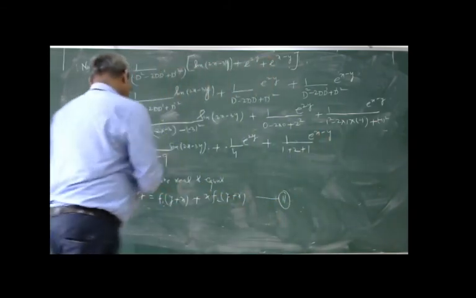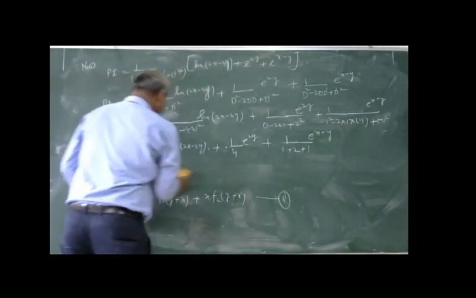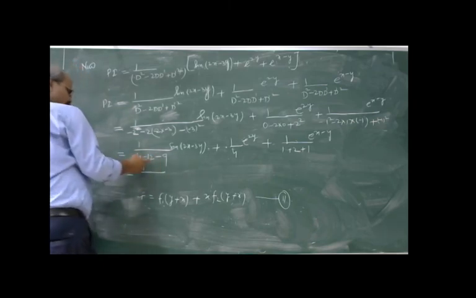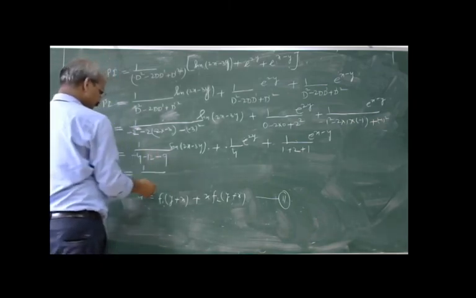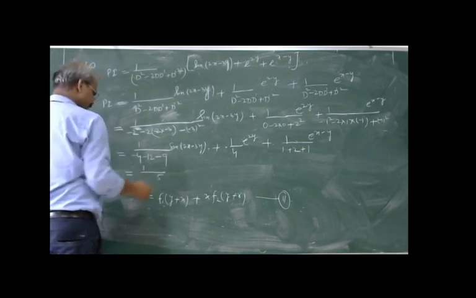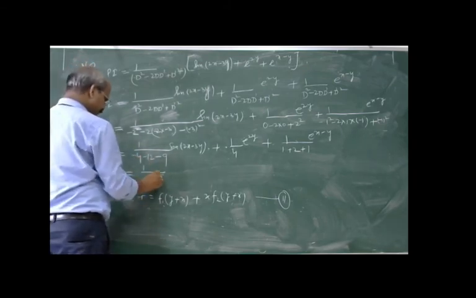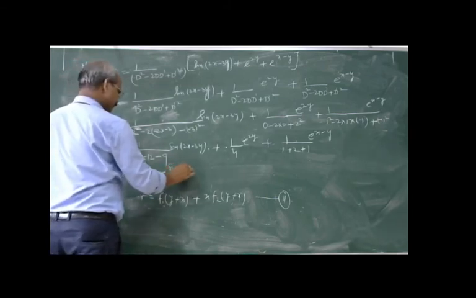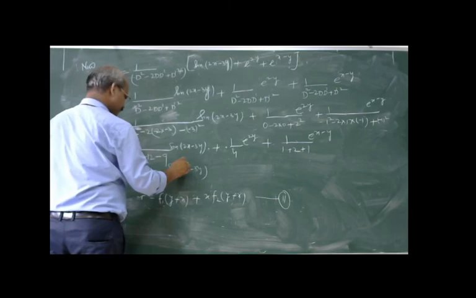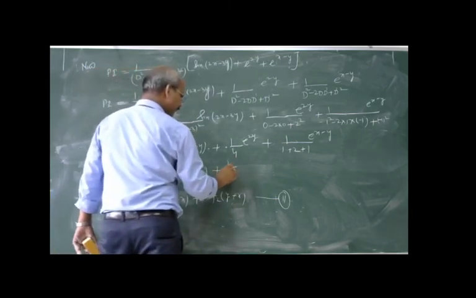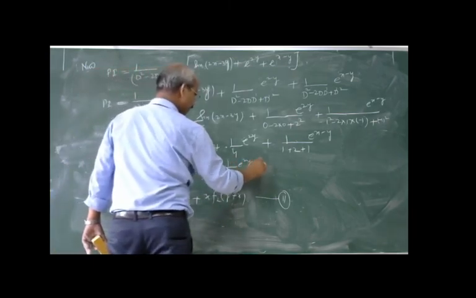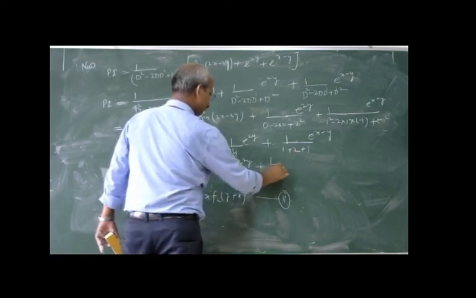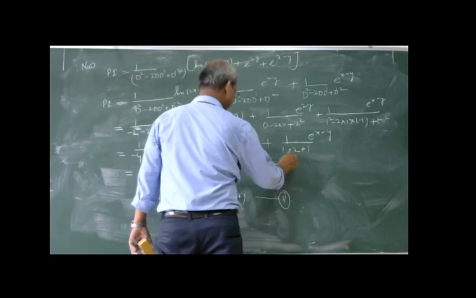So here the particular integral is minus 1 upon 25 sine 2x minus 3y, plus 1 upon 4 e to the power 2y, plus 1 upon 4 e to the power x minus y.